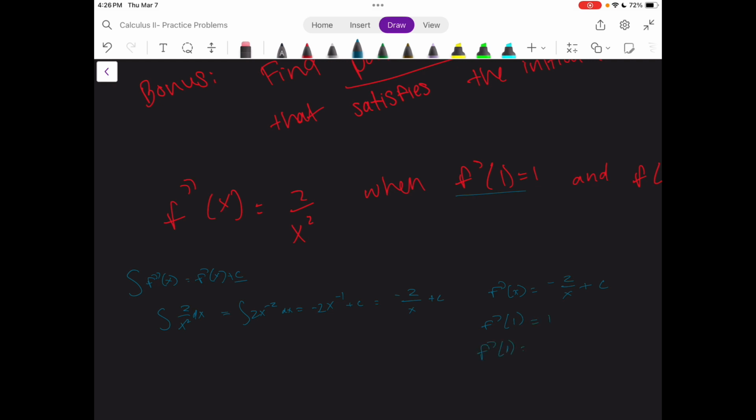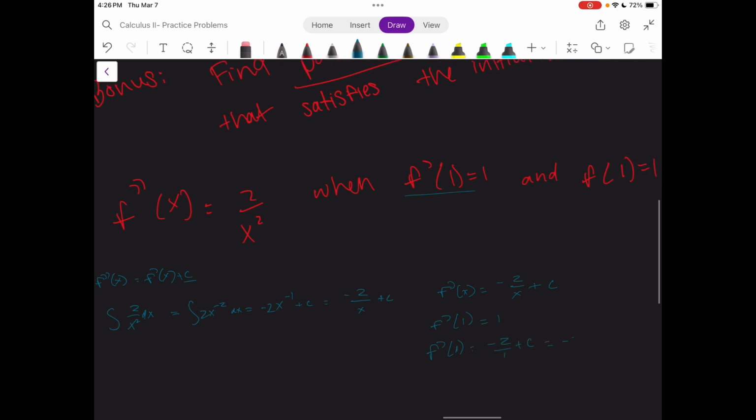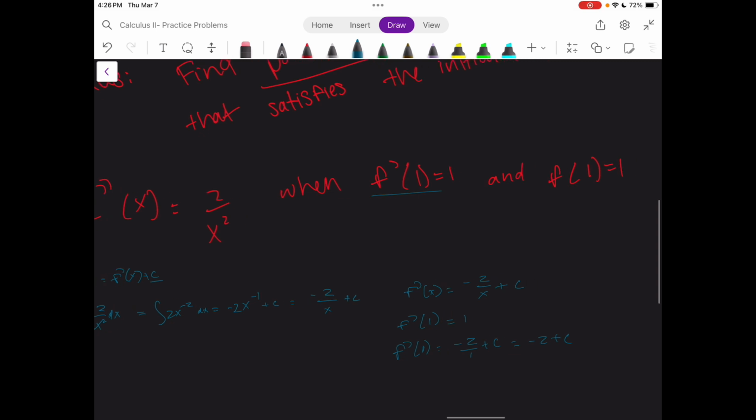Let's plug 1 into our function. It's negative 2 over 1 plus c. So f prime of 1 is negative 2 plus c, and supposedly that equals 1. Do you see how we're going to be able to figure out what c is? We can just add 2 to both sides to figure out that c is 3, because these cancel. So that means that this c right here is 3.